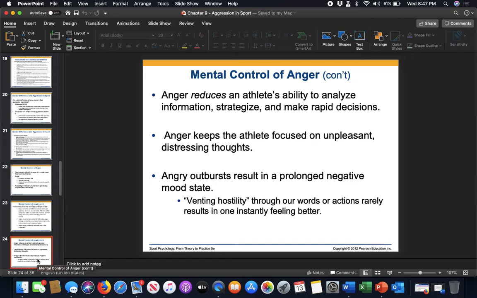Angry outbursts lead to a prolonged negative mood state. Venting needs to be a calming mechanism more than just venting to vent, because if you vent and it keeps you angry, then it's not doing anything.